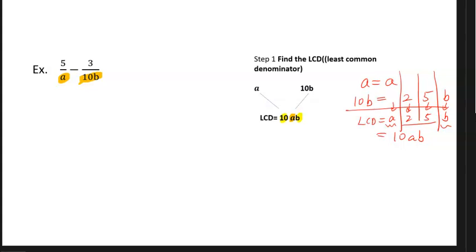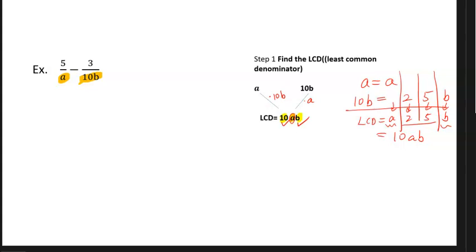So now we're going to turn both of them into 10AB. And notice, how do we turn A into 10AB? Because we already have A, we just need to multiply A by 10 and also B. That's going to end up with 10AB. For 10B, we already have 10, we have B, we're just missing an A. So if I just multiply it by A, I'm going to have 10AB.